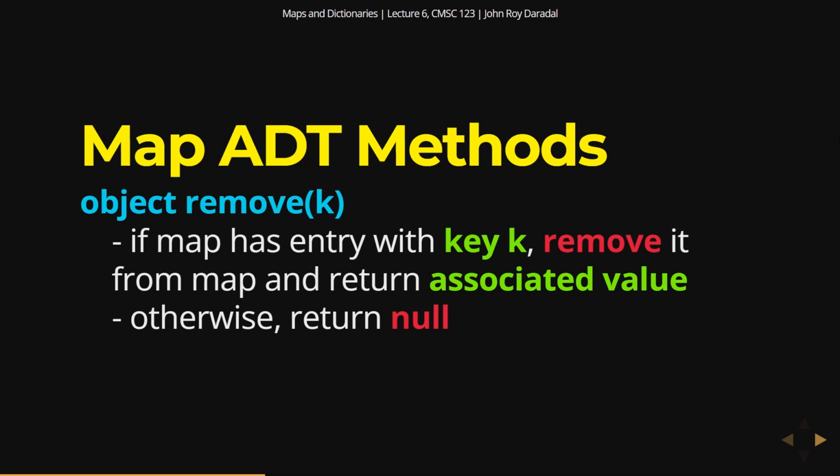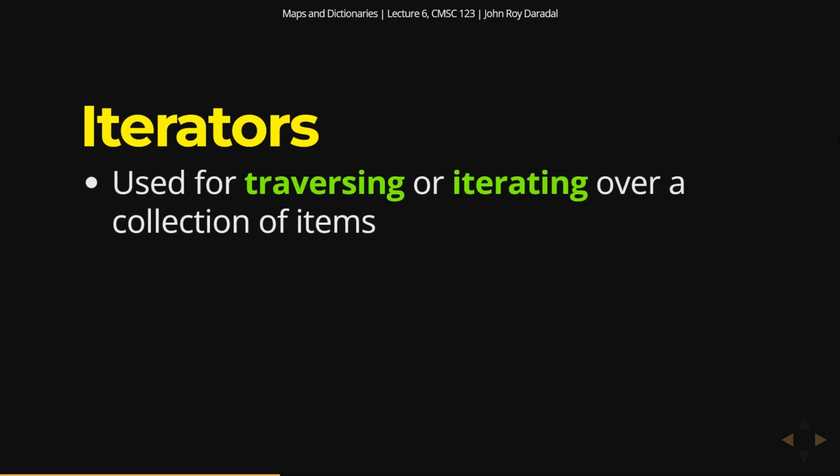Yeah. And then finally, we also have the 3 iterators. But what are iterators? Iterators are basically functions that are used for traversing or iterating over a collection of items. So you go through a collection of items one by one. Okay, so you iterate through them.